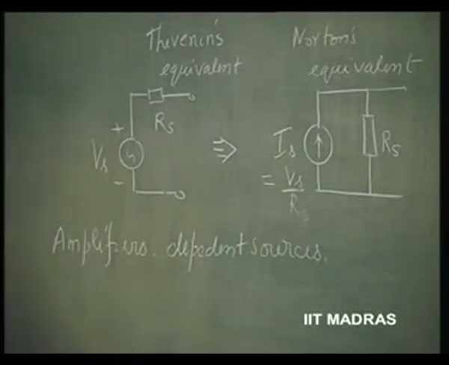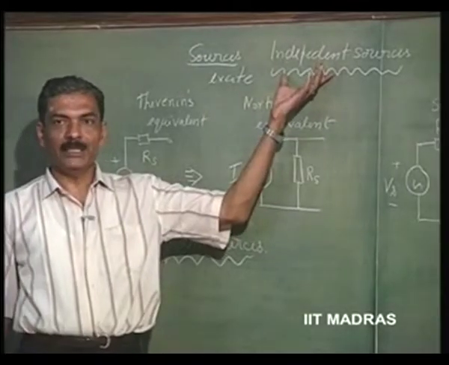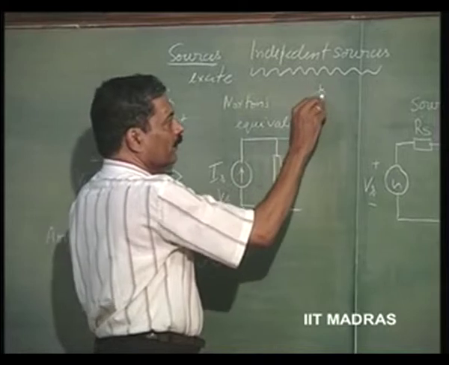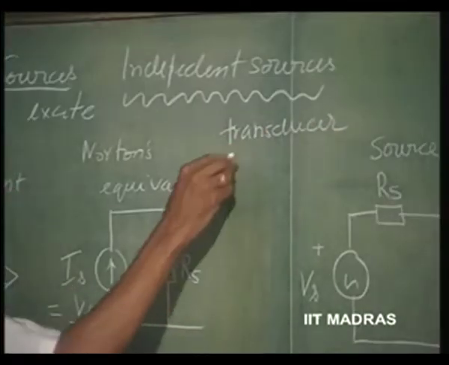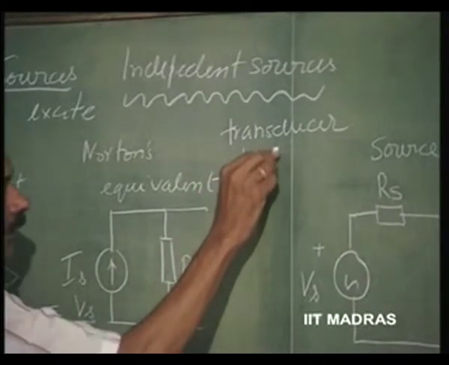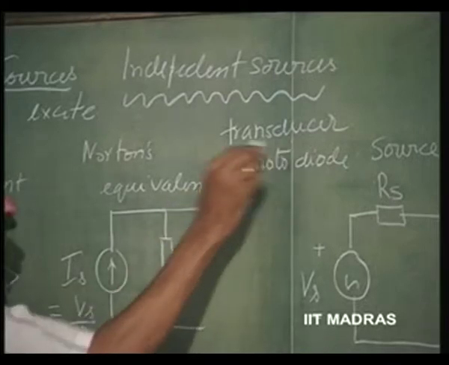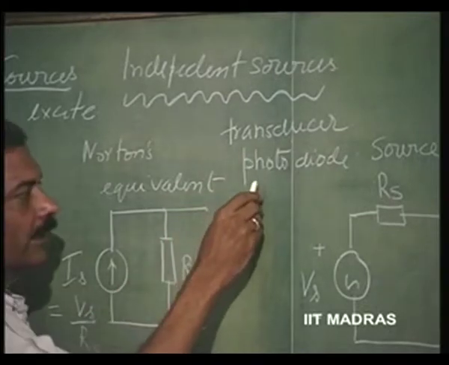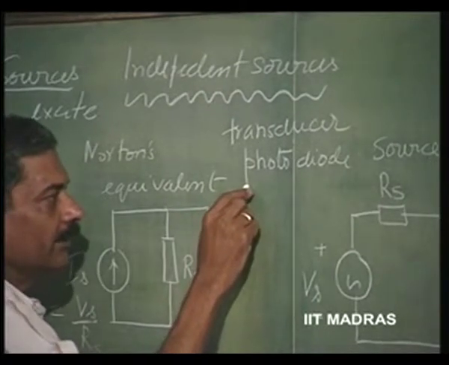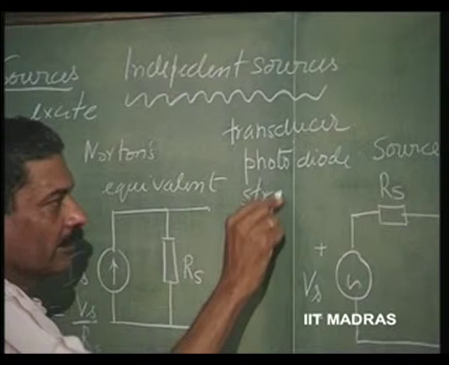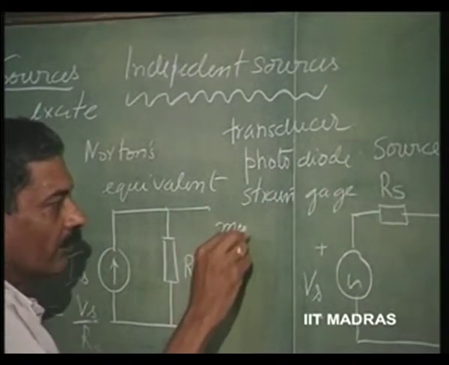So, this is the distinction between independent sources, which could be a transducer, let us say a photodiode, a pressure transducer, a strain gauge, a microphone.